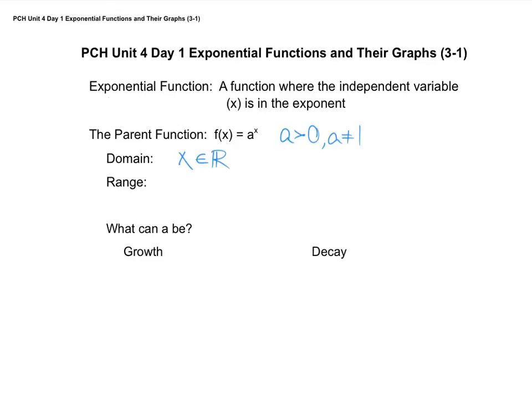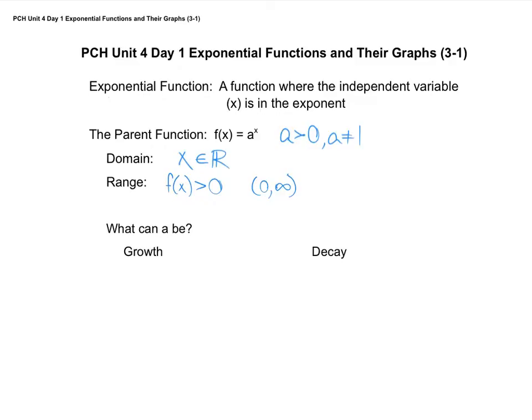All right, so what would we say our range is here? Y is greater than 0. Yeah, our function is going to be greater than 0. If we wanted to, for an interval, we could say 0 to infinity. Okay? And notice it cannot equal 0 because no matter how far to the negative side you go, it's never going to actually equal 0.